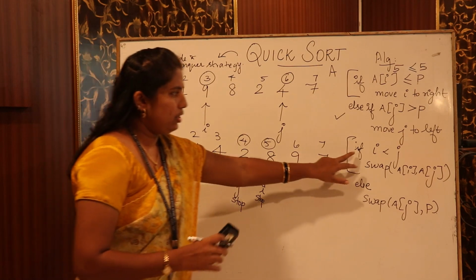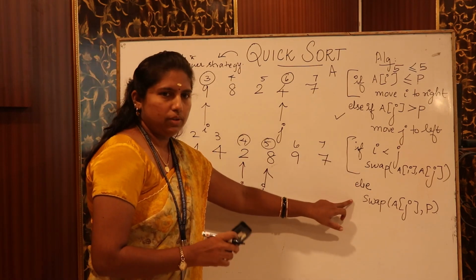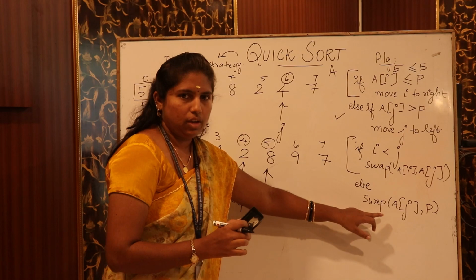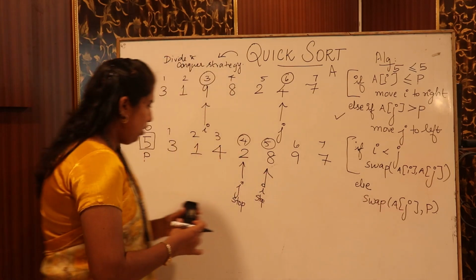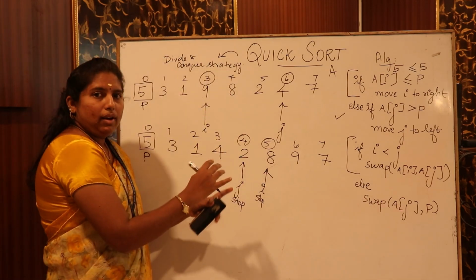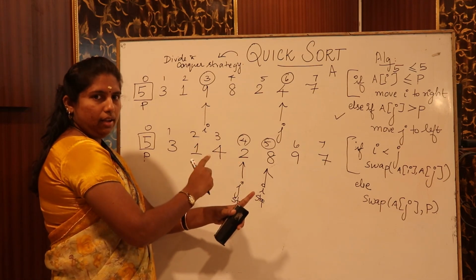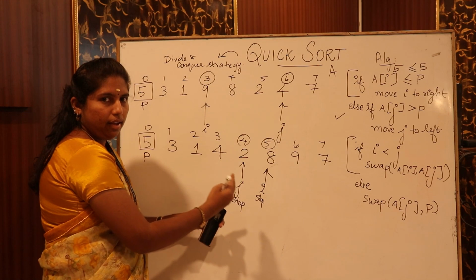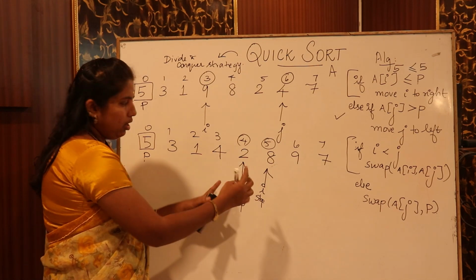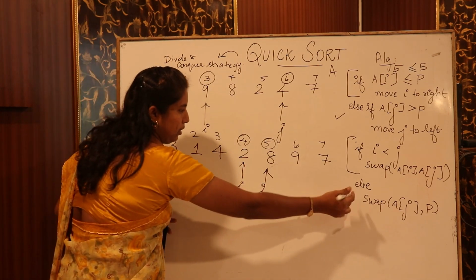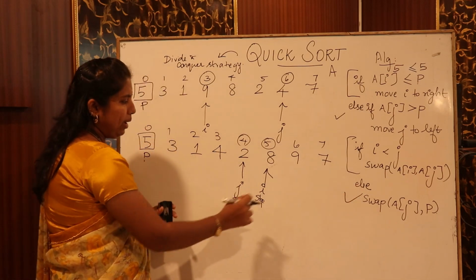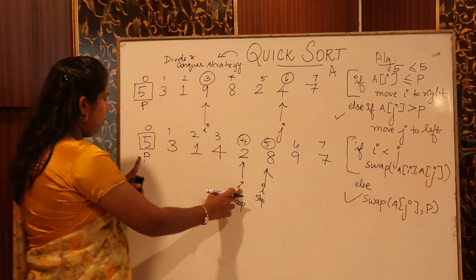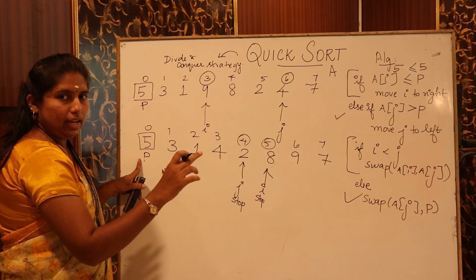So if this condition doesn't work, we will be executing this one, which means swap of A of j with this pivot element. So you can remember that if there is an interchange of I and j, like j comes prior to I and I comes after j, you can go to this statement. So we have to swap A of j with the pivot element, not I and j.